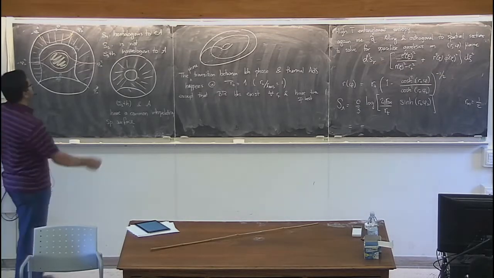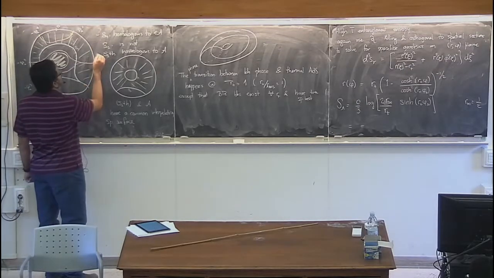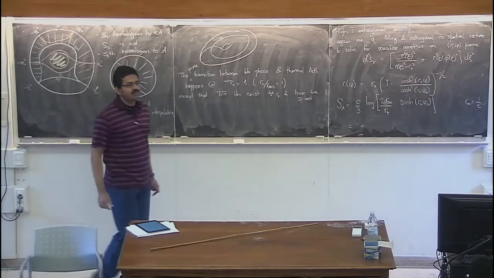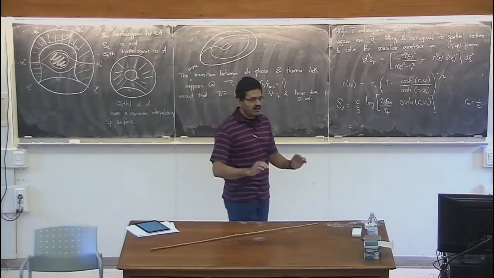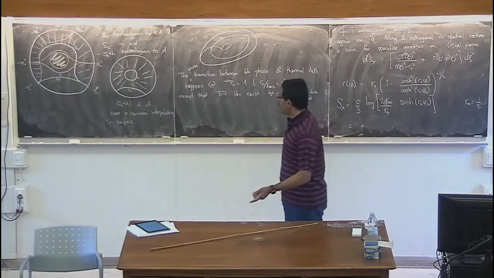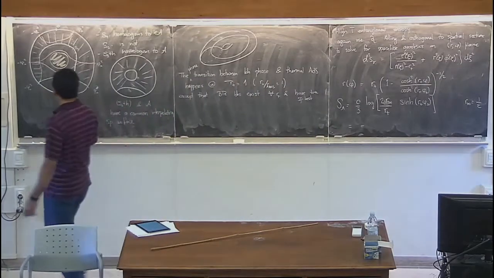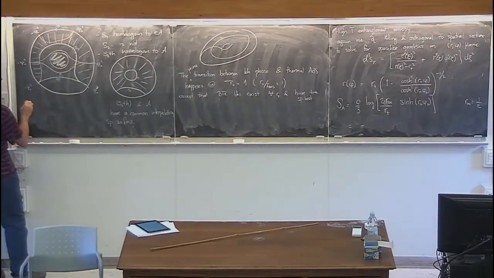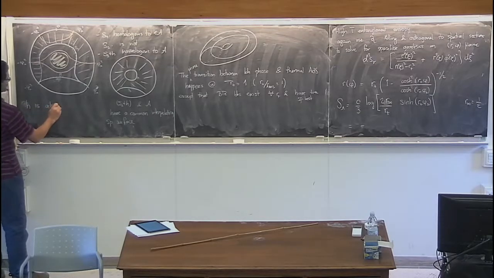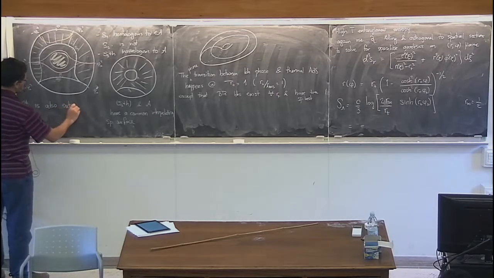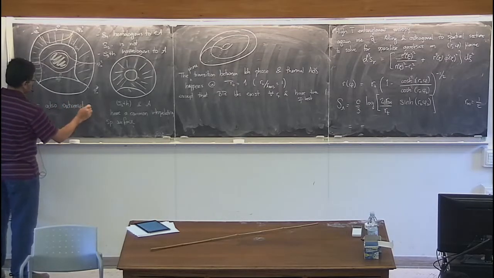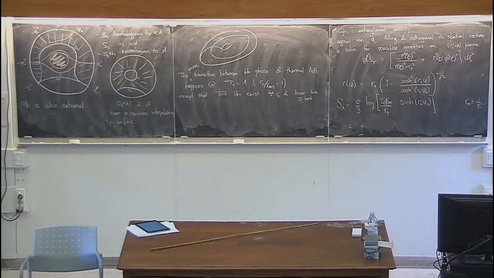So we have this guy and this guy, which are both satisfying all the requirements. And it's useful to know, for the same reason as we had in the ER equals EPR story, the horizon is also a minimal surface by itself.